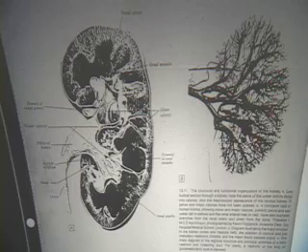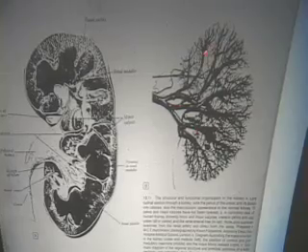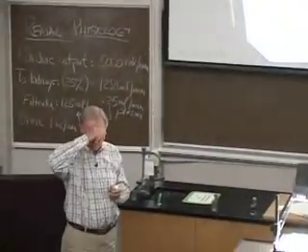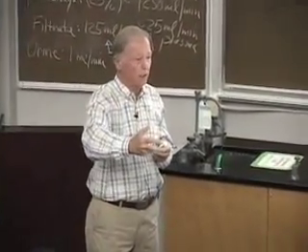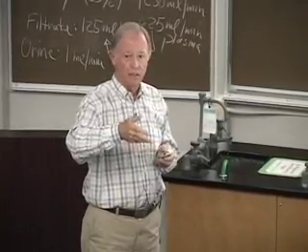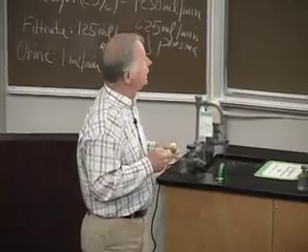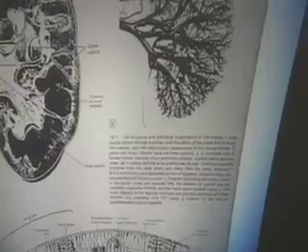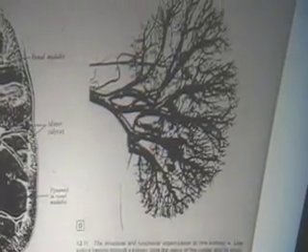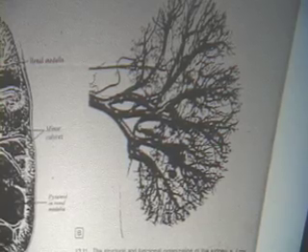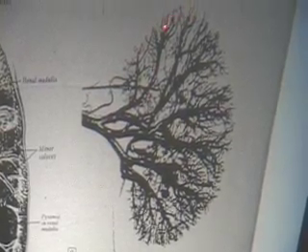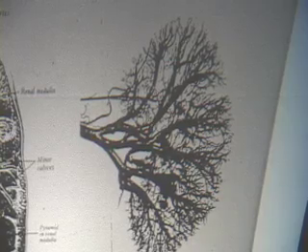What's interesting is this: you take an animal and you inject essentially something like polyacrylamide into the blood of the animal, and it hardens. And then you dissolve away the tissue, and you're left with a total picture of the blood, arterial, artery, capillary system. So it looks like a tree. Except what you have to think about is all these capillaries out here then turn around and merge and come back out the renal vein.